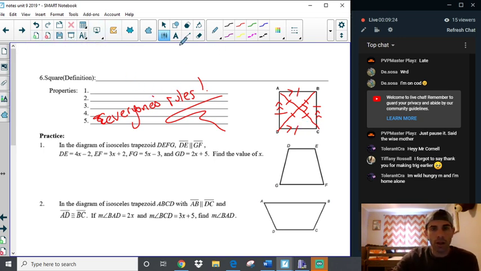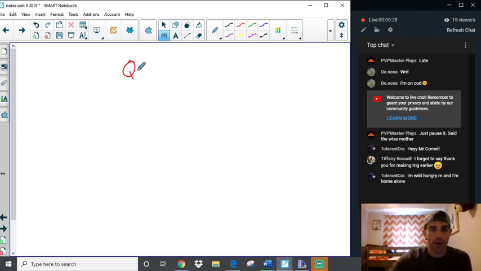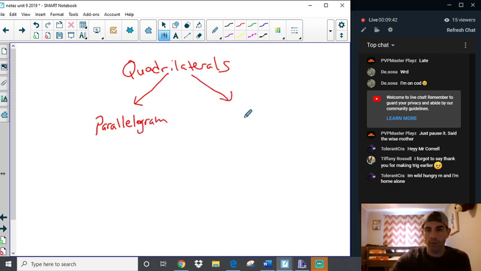There's a good little family tree that we like to have for the quadrilaterals. And then this will help us answer those first questions. So for quadrilaterals, you can have the parallelogram, and then we have what we just learned, which is the trapezoid. And we're going to move down the tree. As we move down the tree, the purpose of having this is it's just going to say all the rules go down to that person.